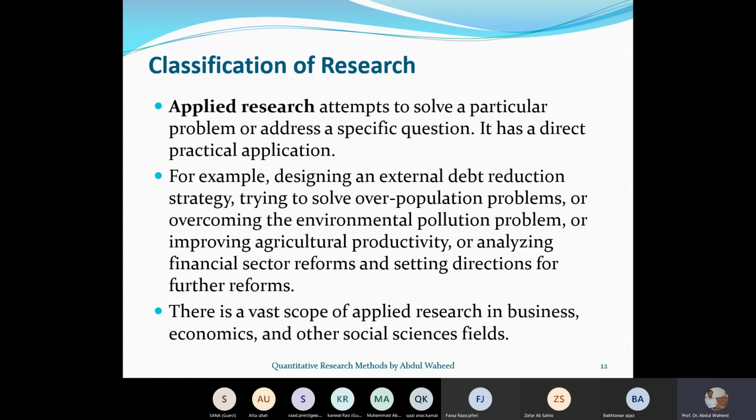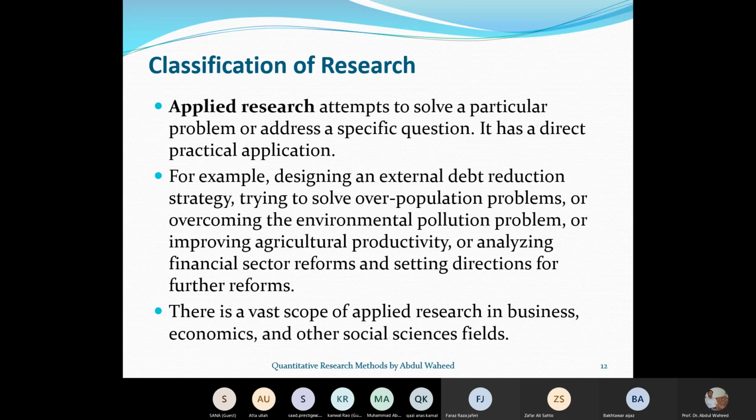Environmentalists face the environmental pollution problem, and again applied research can be done to overcome it. In the agriculture sector, they want to improve their productivity. They want to produce more agricultural output with the same piece of land.